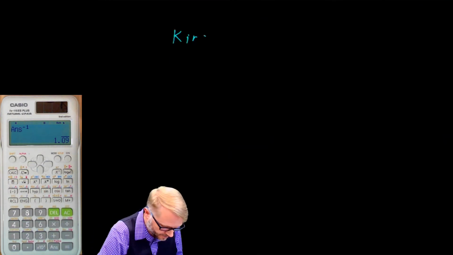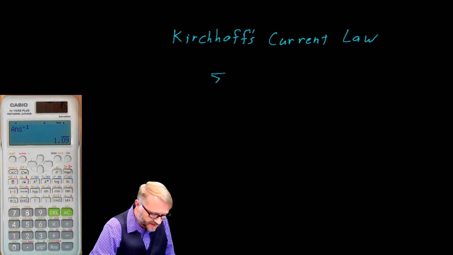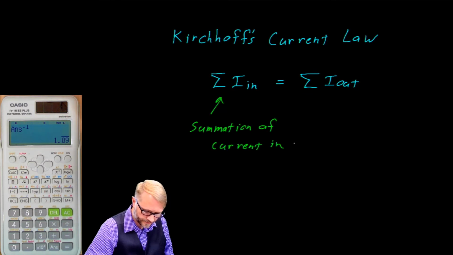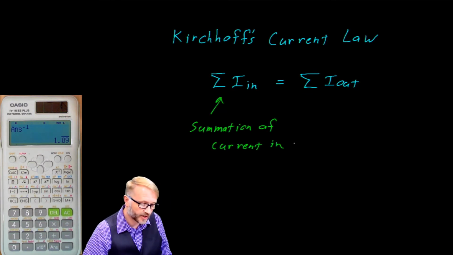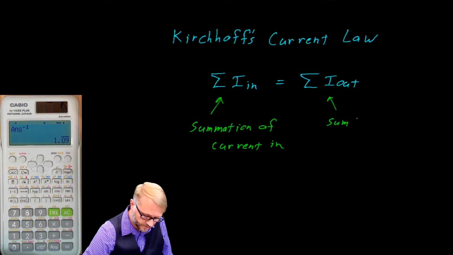Moving on to Kirchhoff's current law, we learn that the summation of the current going in is equal to the summation of the current going out. So the summation of the current flowing into a node is equal to the summation of the current leaving the node.